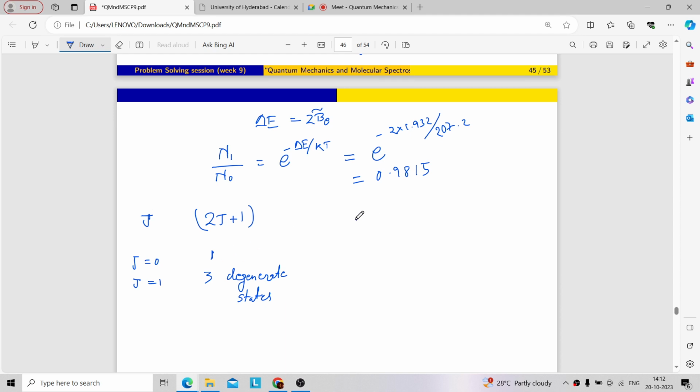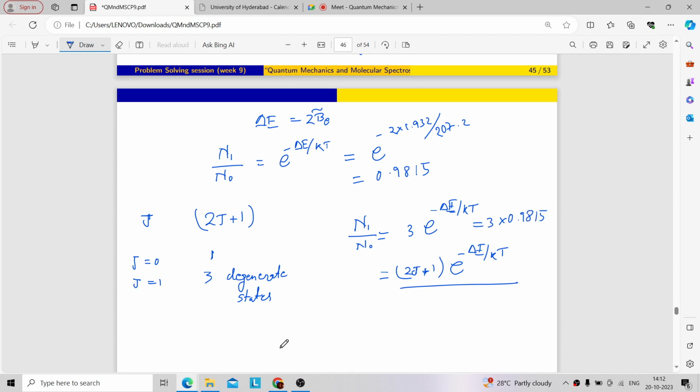So N1 over N0 we can write as 3 times e to the power minus delta E over kT, or in general form 2J plus 1 times e to the power minus delta E over kT. This will become 3 times 0.9815.